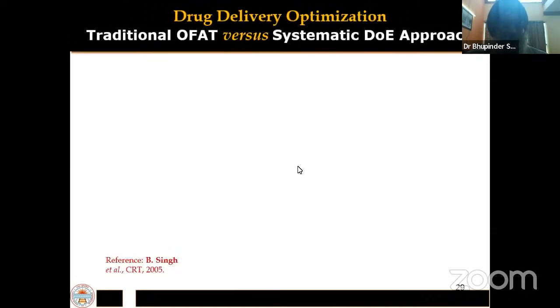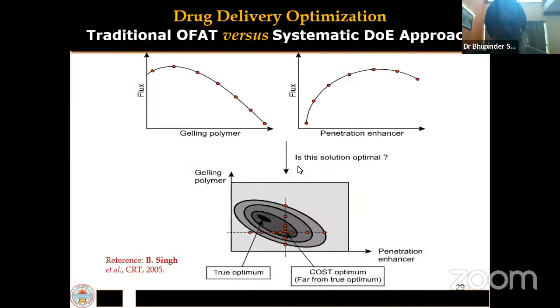So we carried out in 2005 an exercise on a Carbopol ETD 2020 gel of piroxicam, where we studied the gel both ways, that is, DOE as well as OFAT.